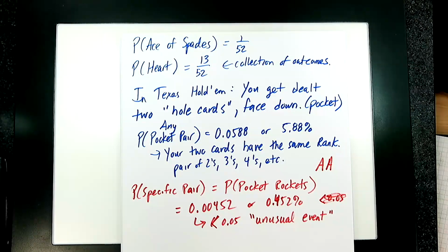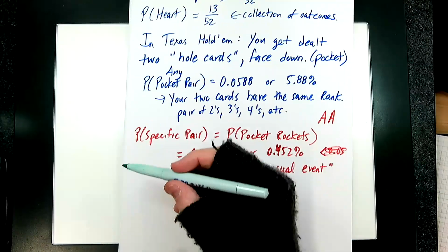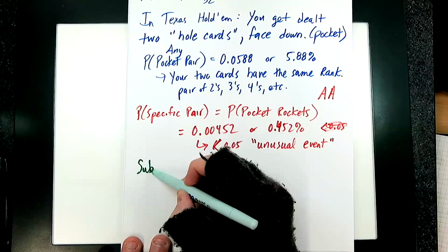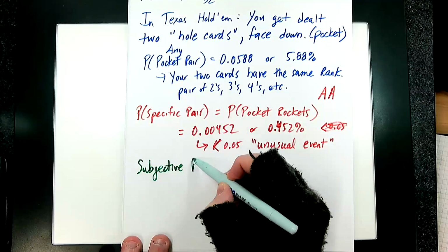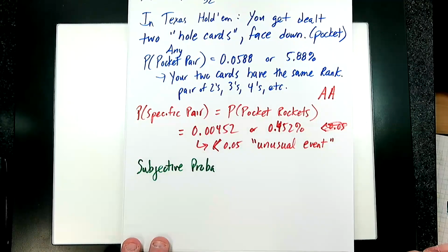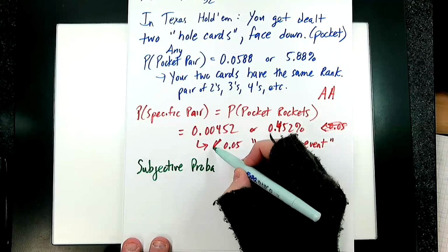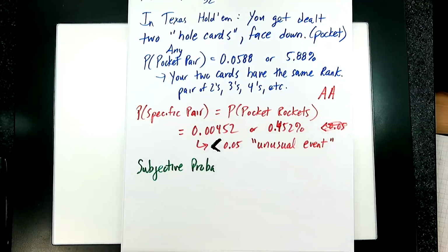There is one last thing in 5.1, it's called subjective probability. Is that a K after the arrow? It should be a less than sign.